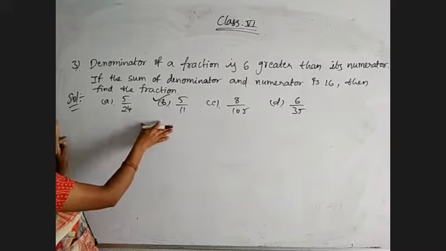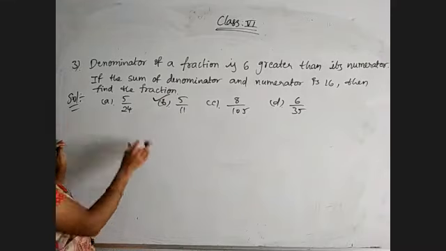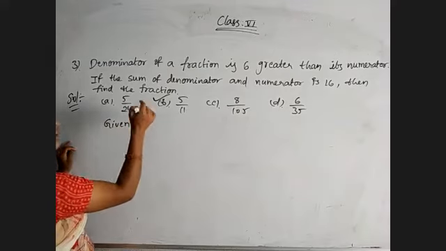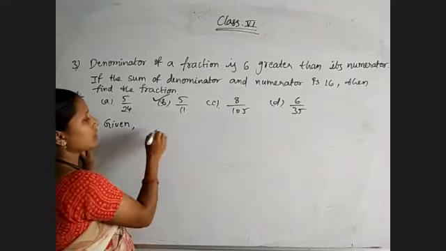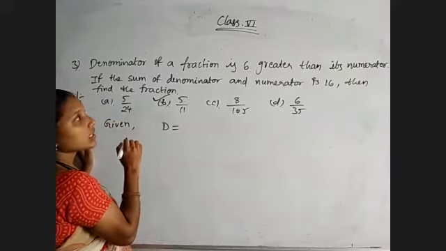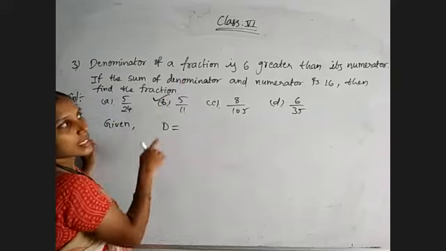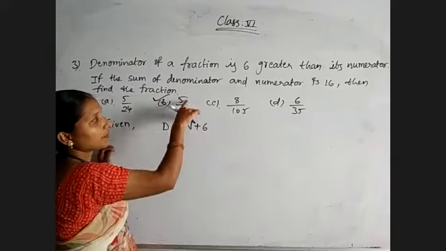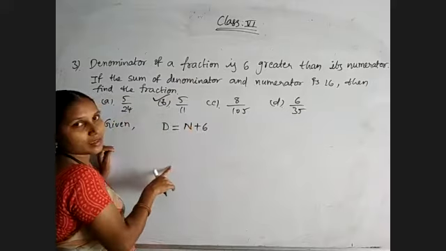If you are not given the options, in that case, how do we need to solve this problem? According to the given conditions, the denominator of the fraction, I am using d, is equal to 6 greater than the numerator, n plus 6. Just observe, 5 plus 6 equals 11.